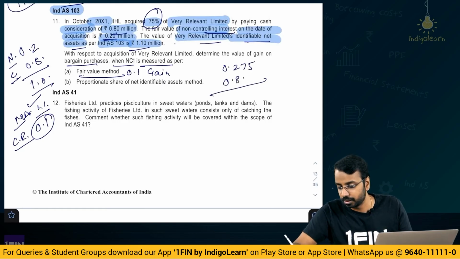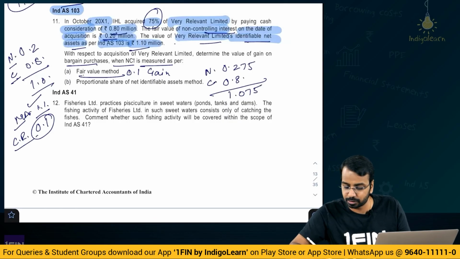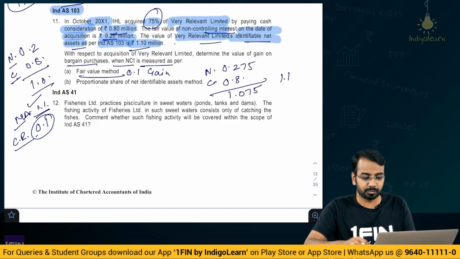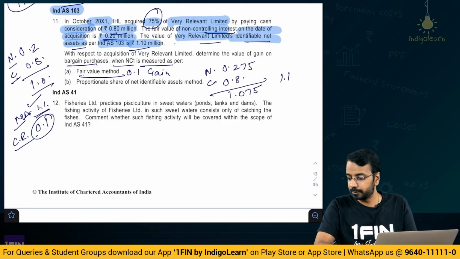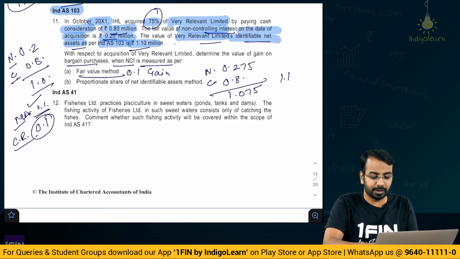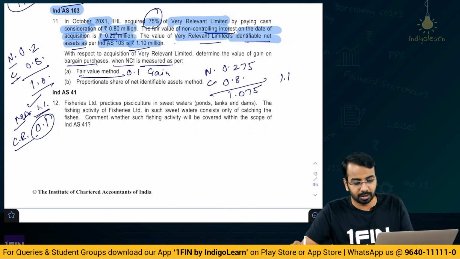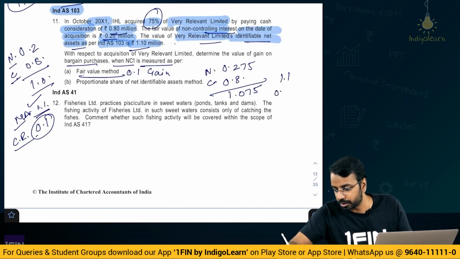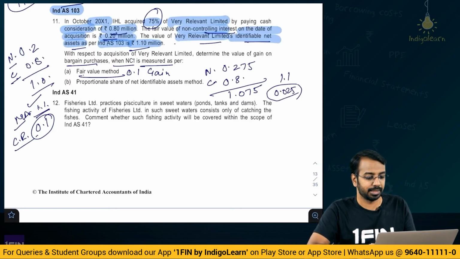So this is non-controlling, this is consideration paid, 1.075. Net asset is how much? 1.1. So 1.075 minus 1.1, you have a gain of 0.025 million, bargain purchase gain.